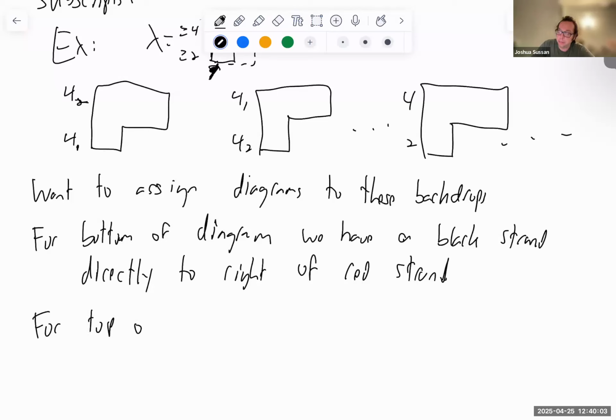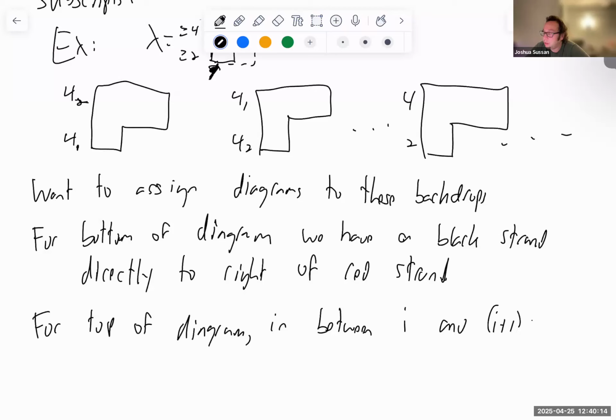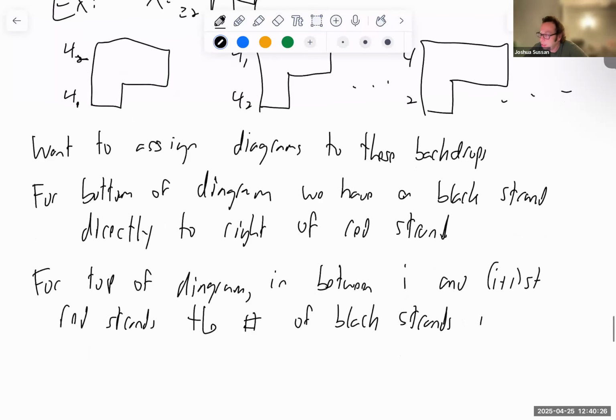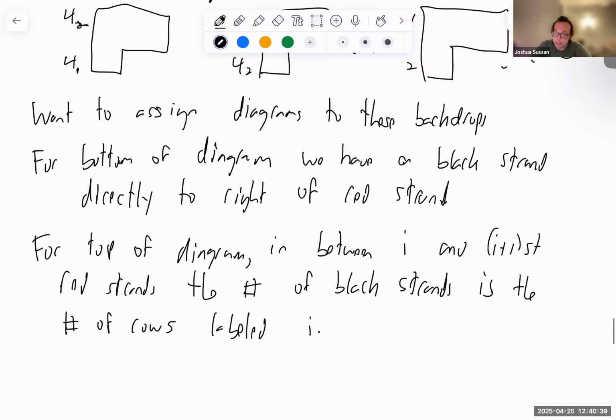For the top of the diagram, in between the i and i plus first red strands, the number of black strands is the number of rows labeled i, okay, and then connect.